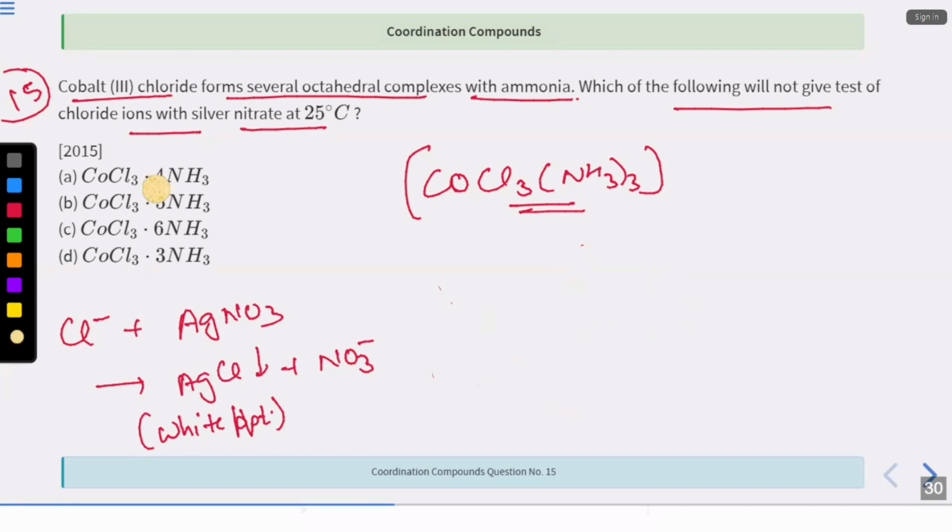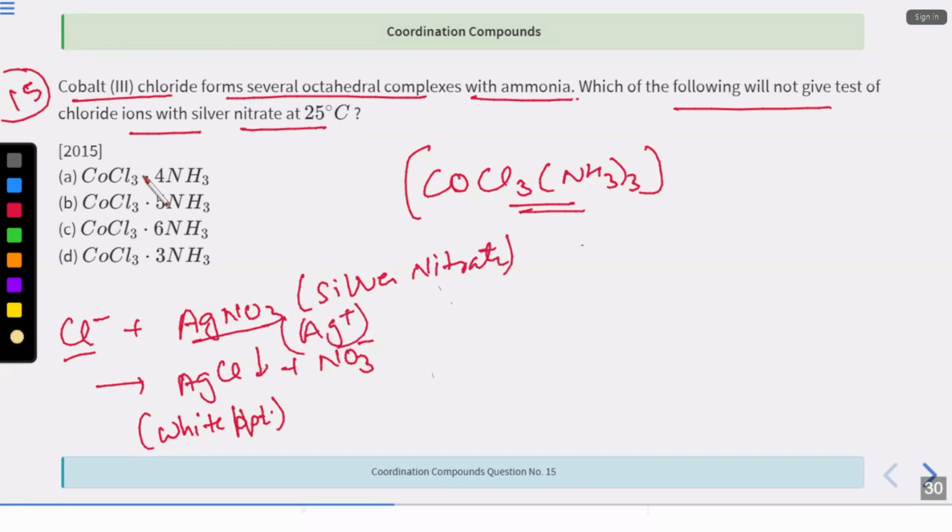This is the kind of formation we get when we react chloride with silver nitrate. Silver nitrate is basically used to provide free Ag plus ions.